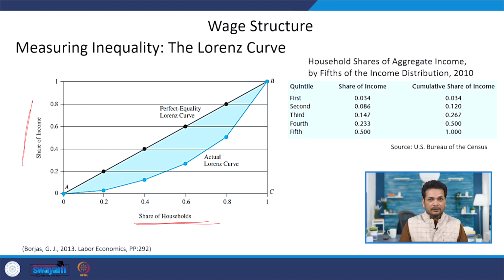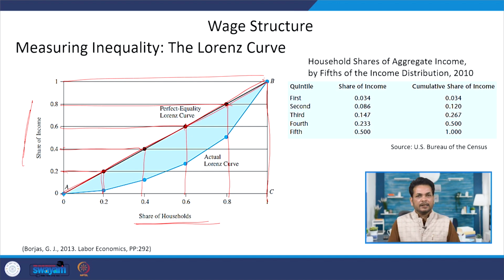So, when we distribute it into 5 quintiles, the bottom 20%, the first quintile, is having 20% of income, the second quintile is having another 20% of income, the third quintile another 20%, the fourth quintile another 20%, and the fifth quintile another 20% of the income. Now, if you join these points, it will go like this. So, point A to B, now it is perfectly equal, the distribution is perfectly equal.